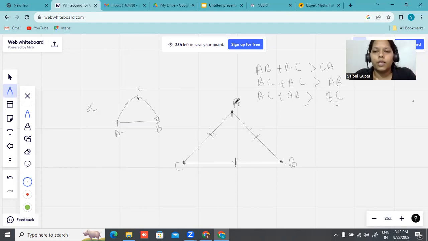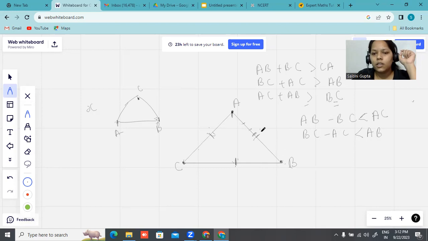Now there is one more triangle inequality, and that says that the difference of any two sides will be less than the third side. So you can take AB minus BC, which will be less than the third side, that is AC. Then BC minus AC will be less than the third side, and that is AB.